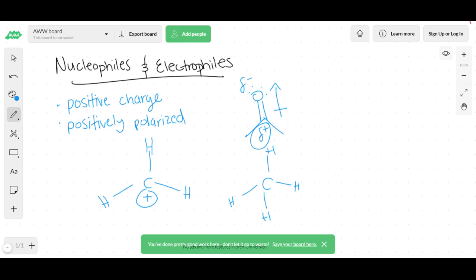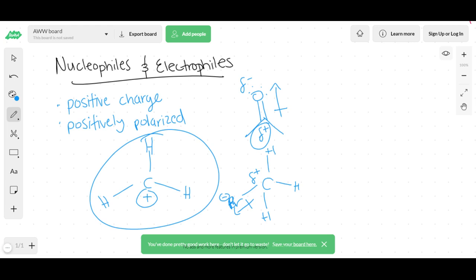Now this one has a partial positive charge. Let me draw bromine here. This would have a negative charge, but this carbon has only a partial positive charge just because of the dipole moment on the bromine, right? In that case, this partial positive charge is not as good as a full real positive charge. So this molecule would make a better electrophile if we were comparing it to this molecule.